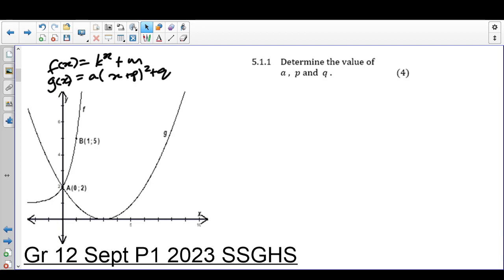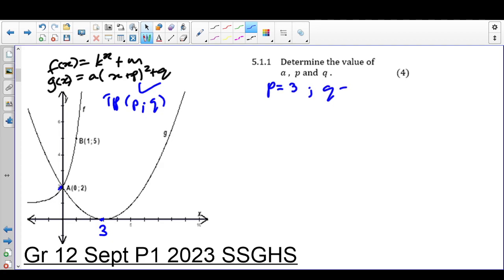So a, p, and q is part of the graph of g, which is the parabola graph. Can you see that? What do we have on the parabola? We have that 3 there, and we have 0 and 2 for your y-intercept. So we know that your turning point is going to be that p q value. That is your turning point. So that means p is 3 and your q value is 0, of course.